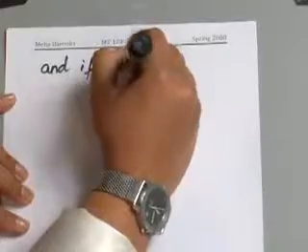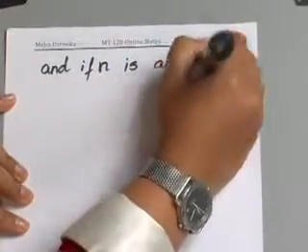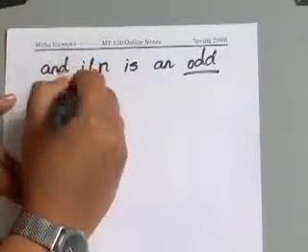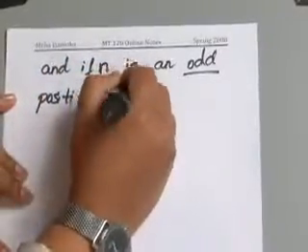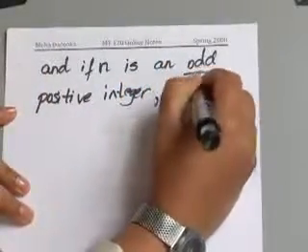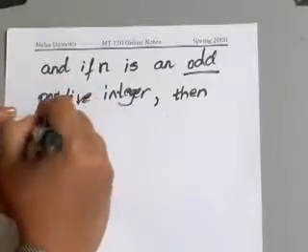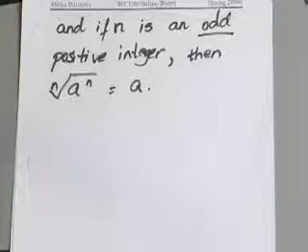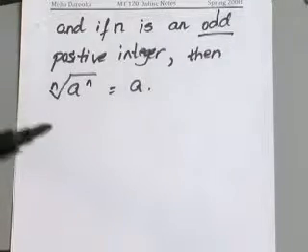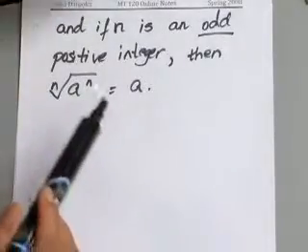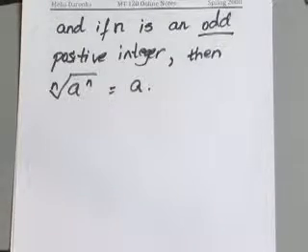And if n is an odd positive integer, so basically what we're trying to say here is that when you have n as an even number, you use the absolute value, and when n is an odd number, you don't have to use the absolute value.